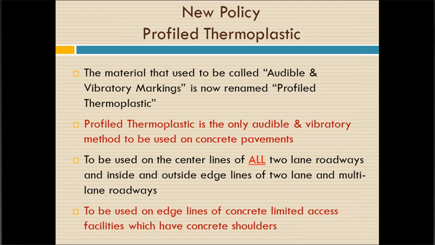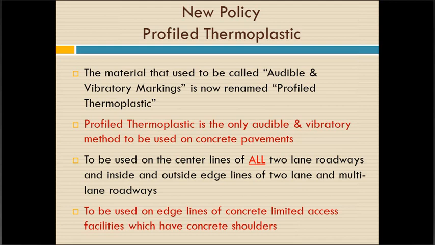So it got to be confusing: do we really want to leave this other material called audible vibratory and just add rumble striping? We decided that it was confusing. So we decided to rename audible vibratory markings to profile thermoplastic. So if you go out to section 701, it used to be audible vibratory. That section is now titled profile thermoplastic.